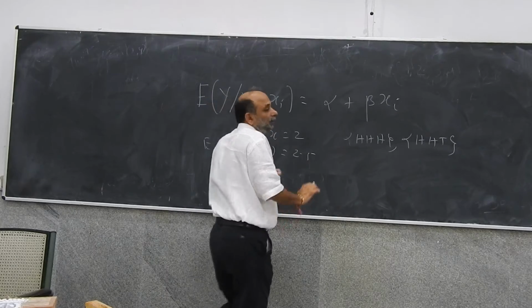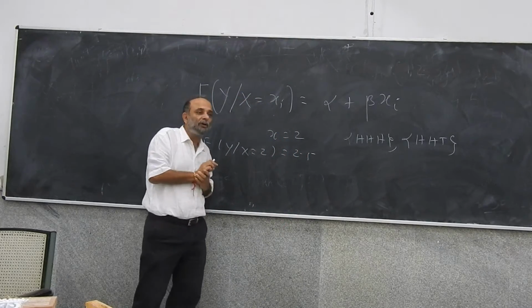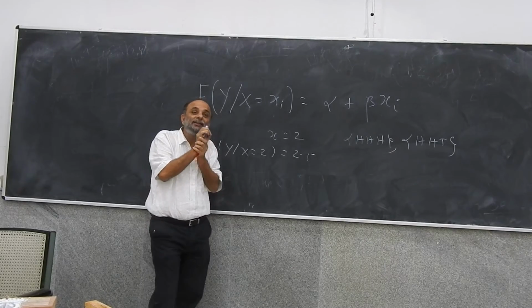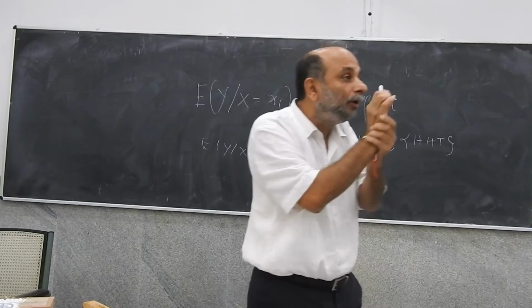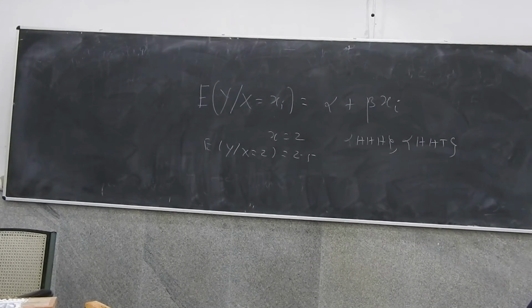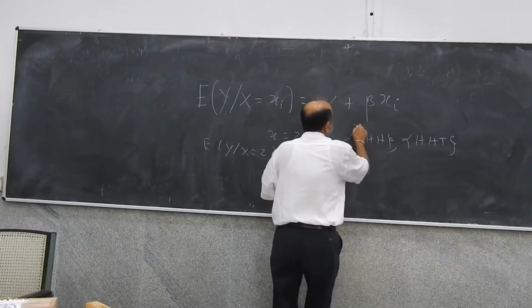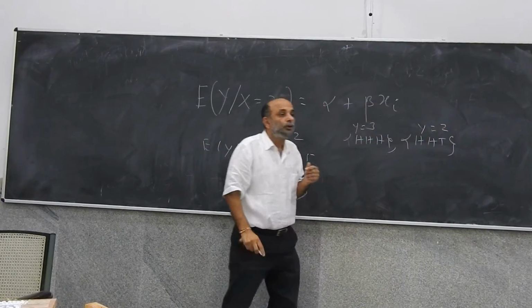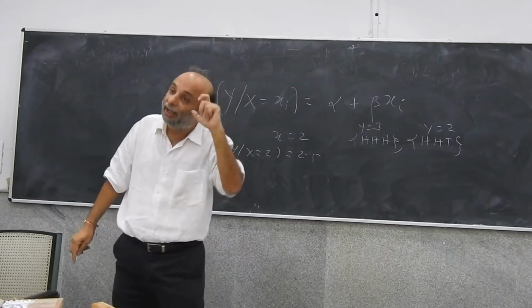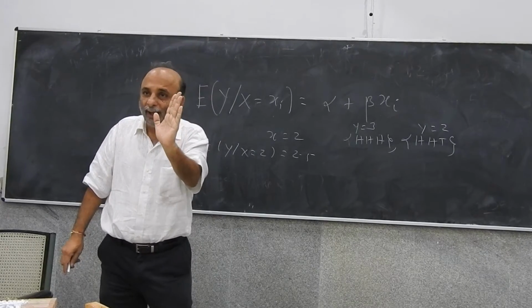Now please understand an important difference. What is 2.5? 2.5 is the average value of y conditional upon x taking the value 2. Whereas, what is the value of y here? 3. What is the value of y here? 2. So think of each individual value of y for the value of x as something.